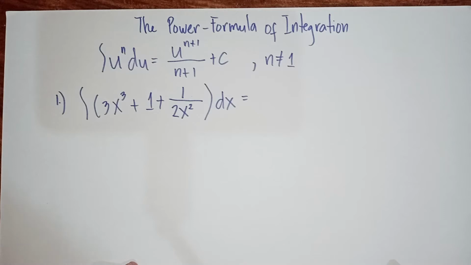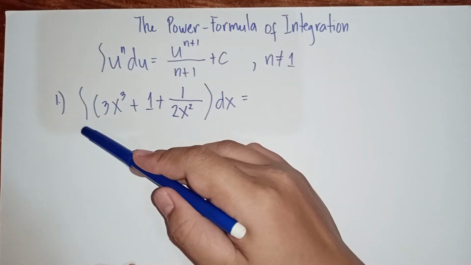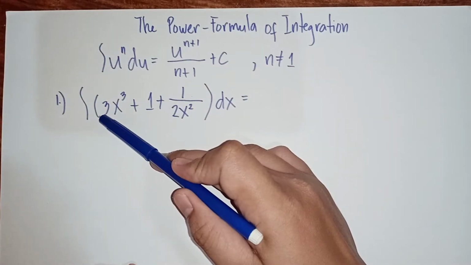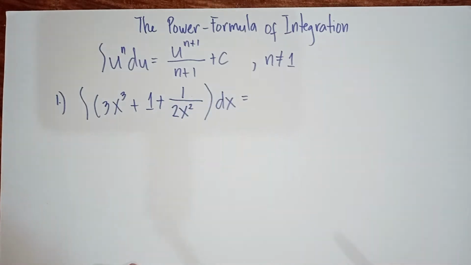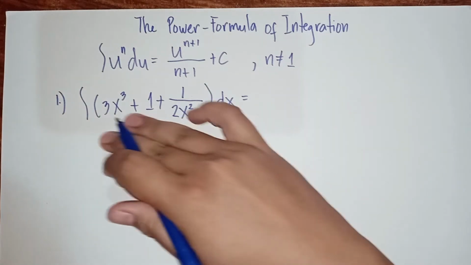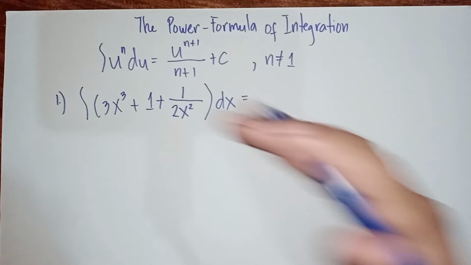Okay? So, say for instance, we're going to evaluate the integral of quantity 3x cubed plus 1 plus 1 over 2x squared dx. Okay? So, yung gagawin natin mga boss is we're going to simplify first this given function.